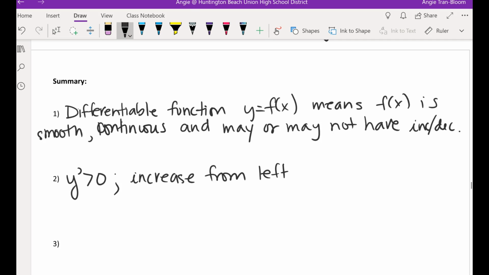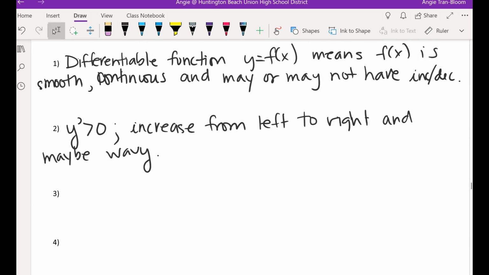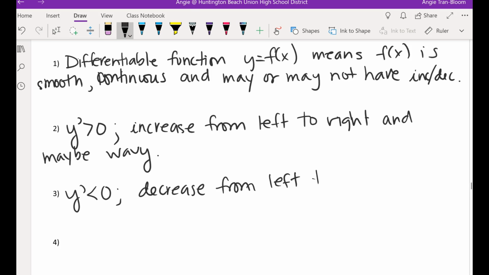And maybe wavy. y prime is less than 0, then we are talking about decrease. And again, increase and decrease, we always talk about from left to right. And maybe wavy.